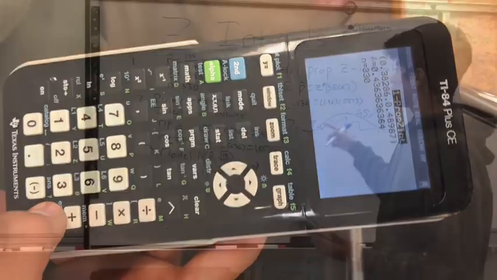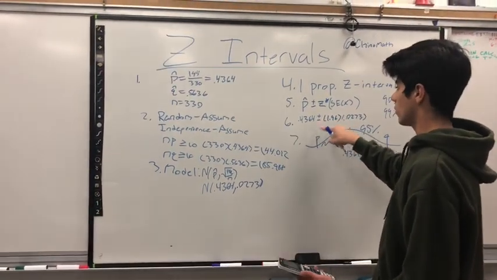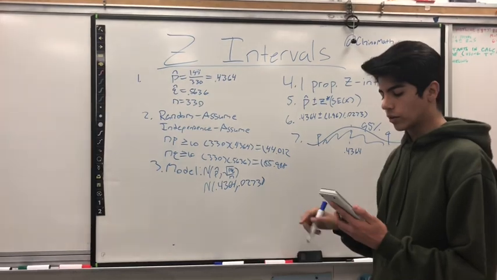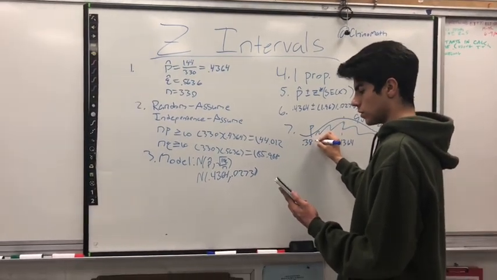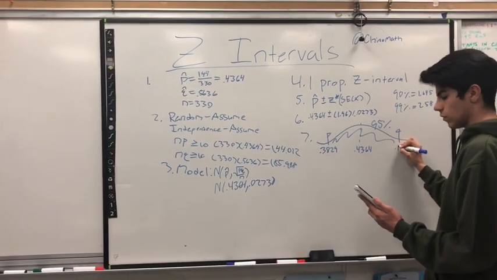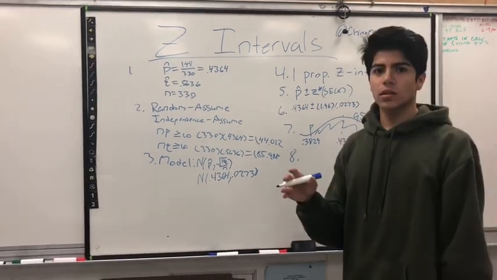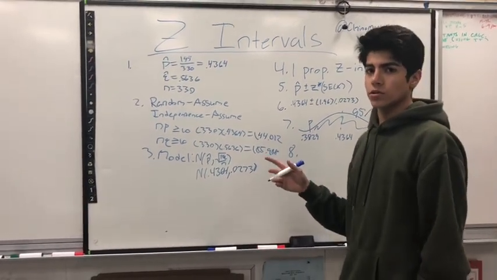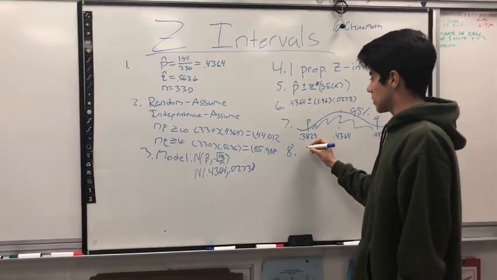Working this out, we should get two values, and on our calculator we see that we got 0.3829 and 0.4899.